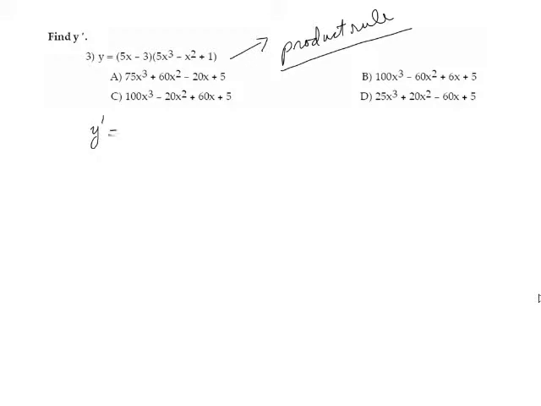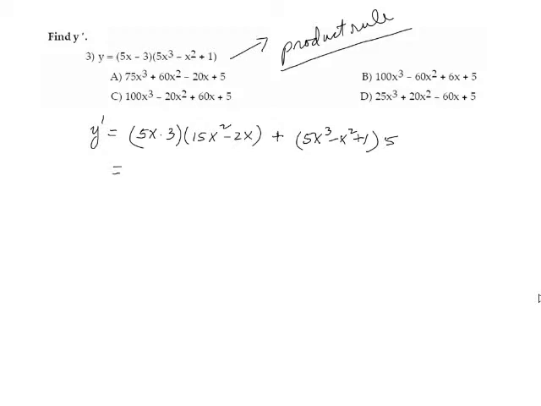Y prime would be the first term, which is 5x minus 3, times the derivative of the second term, which is 15x squared minus 2x, the derivative of 1 is 0, of course. And then finally, the second function, 5x cubed minus x squared plus 1, times the derivative of the first function, which is just simply 5.